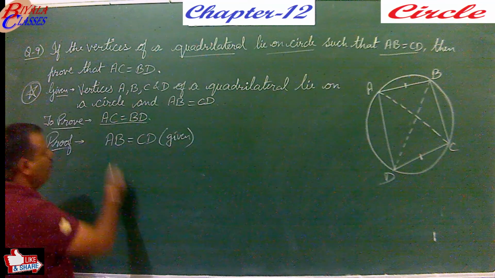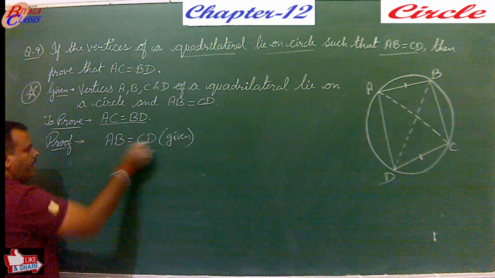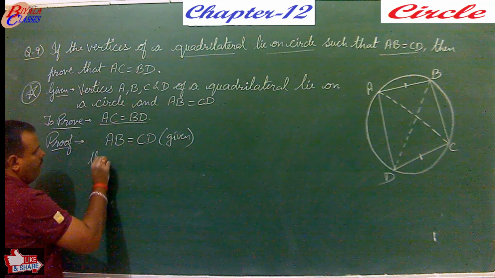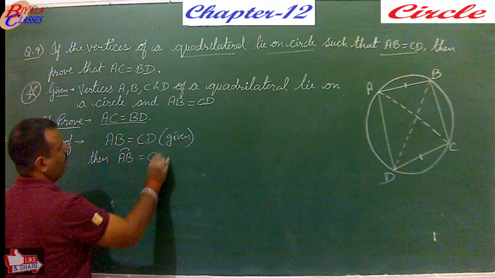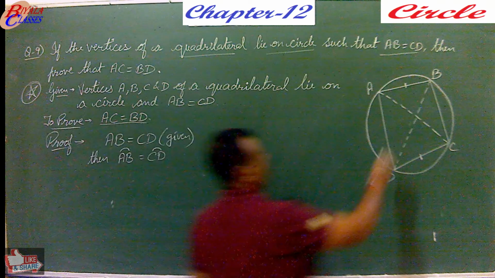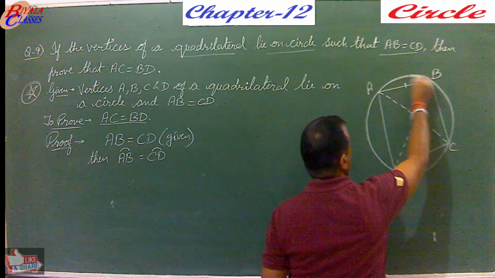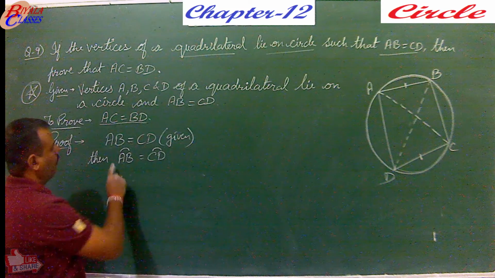And these two are equal chords. Now if chords are equal, then their corresponding arcs will also be equal.